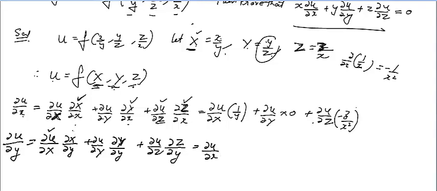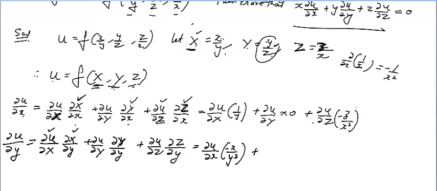Now ∂X/∂y: with respect to y, x is outside, and the derivative of 1 over y with respect to y gives minus x upon y square.